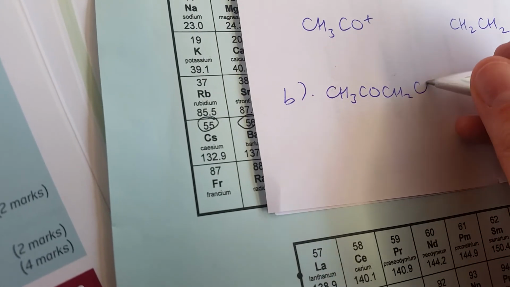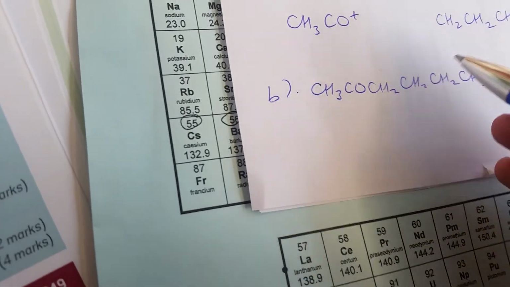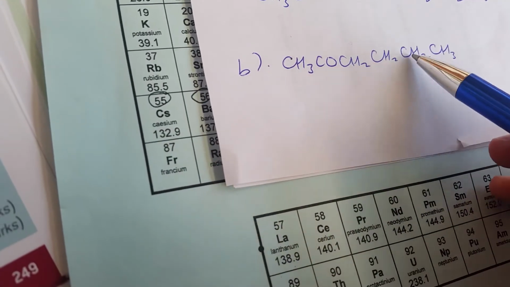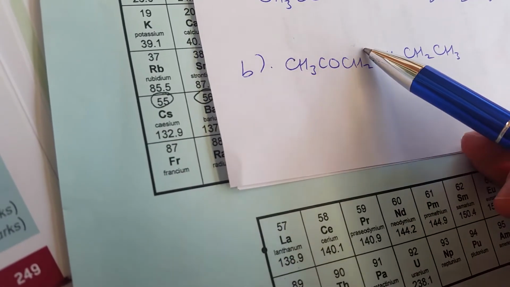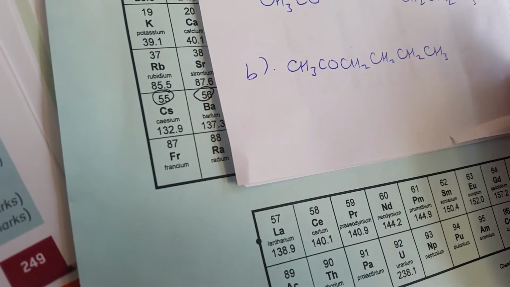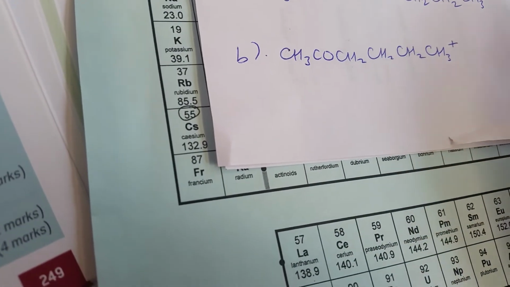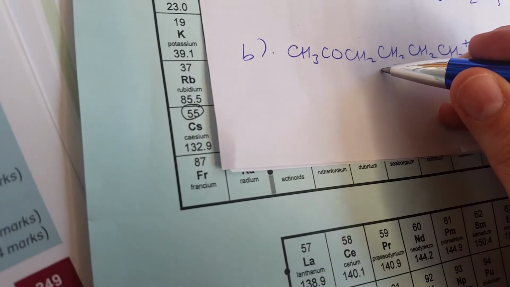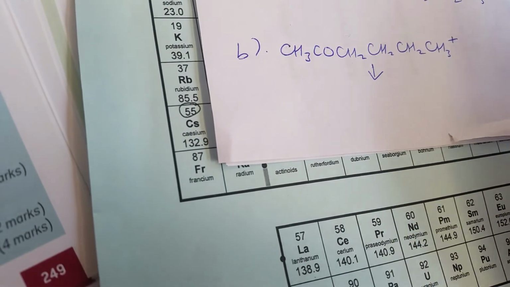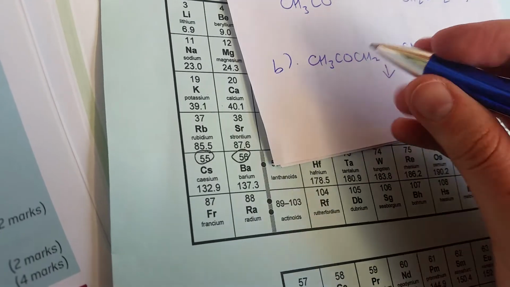CH2, CH2, CH2, CH3. Or we can simplify this bit by doing CH2 in brackets and 3. Then we don't have to write this 3 times. It's up to you. So that's our molecular ion. So the whole molecule together before it gets broken up. And then we're going to form this fragment ion first.